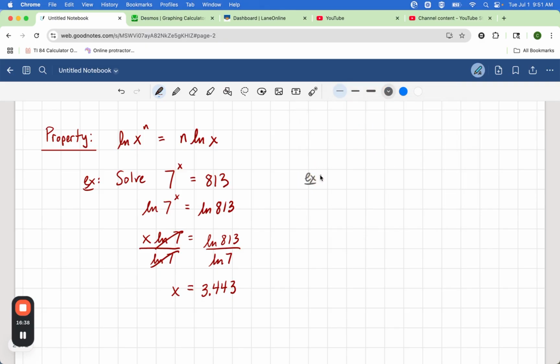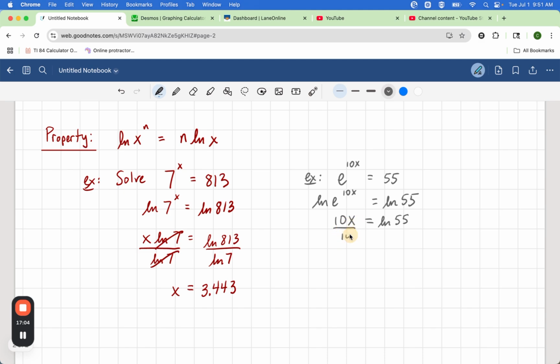So this one here, e to the 10x equals 55. So I would ln both sides. And if you go up above, you see that ln of e to a number is whatever the number is. So ln of e to the 10x, the ln and the e cancel. And I got 10x equals the ln of 55.